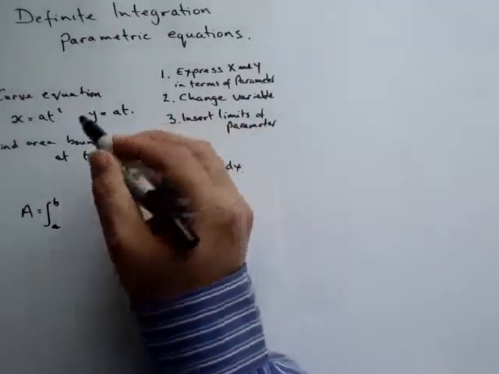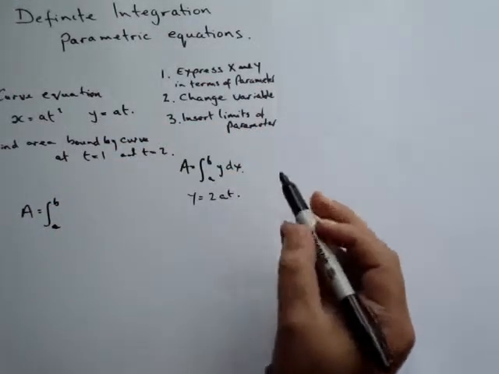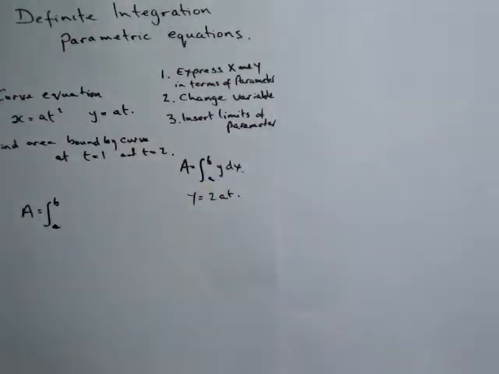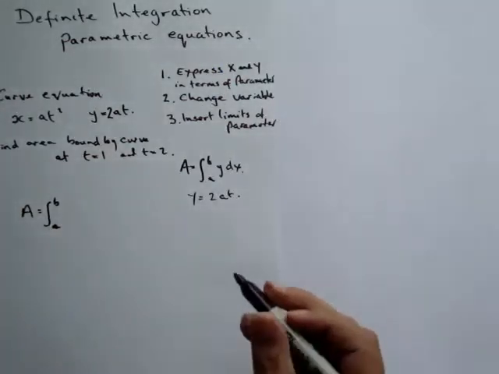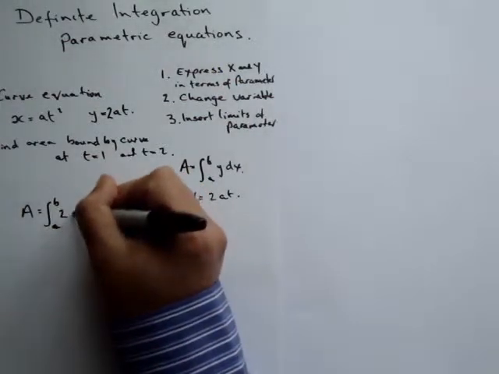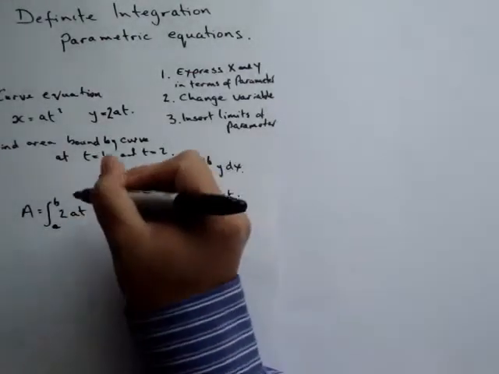Our y was 2at. So this should be 2at, and this then is dx.